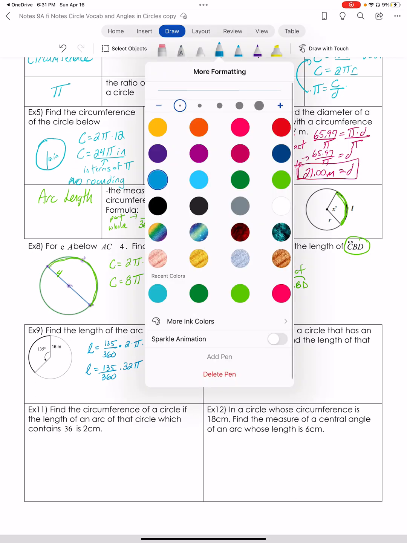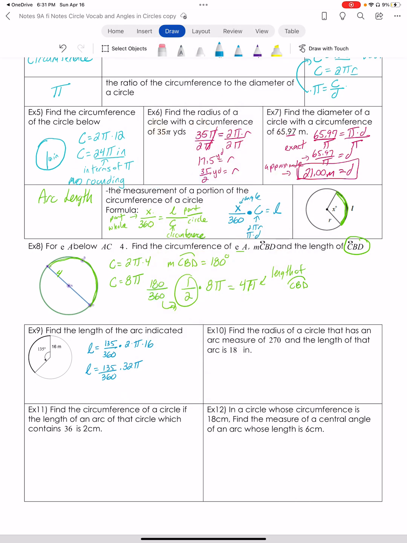You can cross simplify if you want. I think it'd just be easier to do 135 times 32. So that's going to be my length is equal to 4320 over 360 times pi. But we want to simplify that. I know the zeros would simplify out. I know 432 I can divide by 2 is 216 over 18 pi.